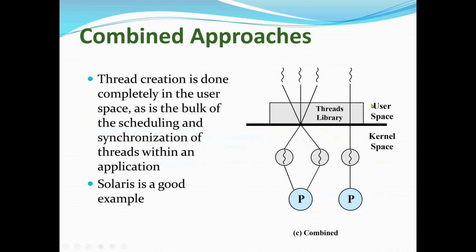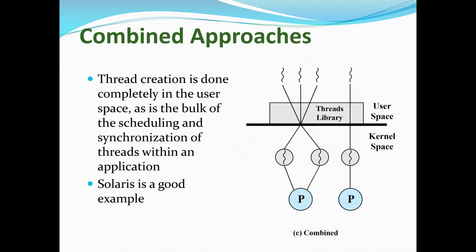Now, the multiple user level threads from a single application are mapped onto some smaller or equal number of kernel level threads. So the programmer may adjust the number of kernel level threads for a particular application and processor to achieve the best overall result.